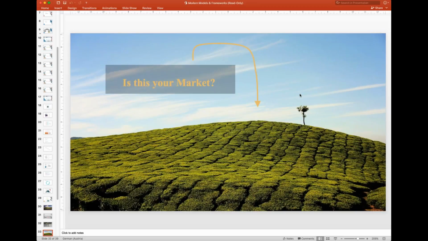Well, this isn't a mountain, it's just a hill. It's a very pastoral and nice looking hill, but this is basically me trying to tell you that a lot of the times entrepreneurs are choosing too small of a market, too small an opportunity. And I will talk for a second about fundraising.